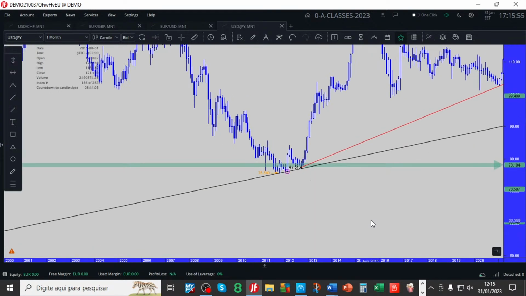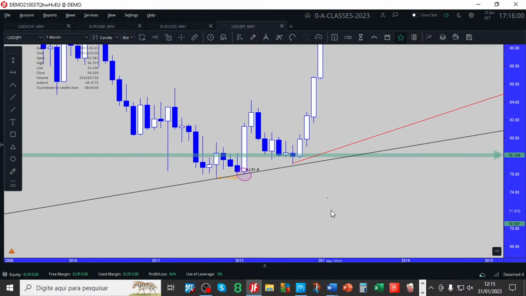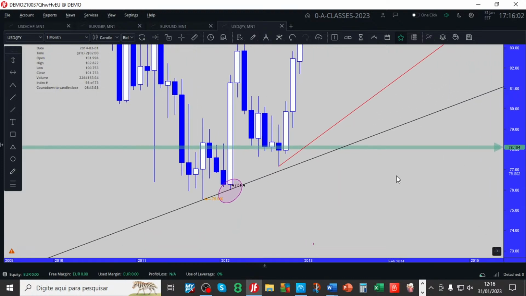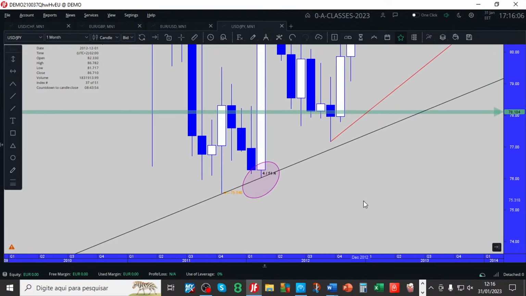Let's zoom in here, everybody. Is my red uptrend line correct? What can you see? And this is another charting rule, everybody.